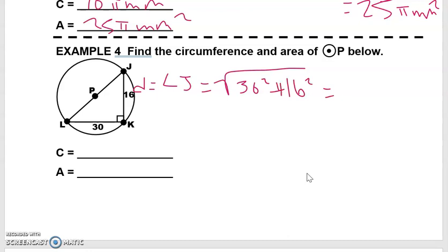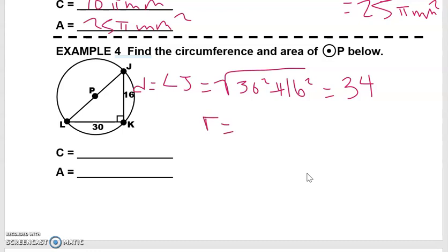And if you do the math, you will get 900 plus 256, which is 1156. And then you take the square root of that and you'll get 34. You can just plug that into Google or your calculators. It's fine.